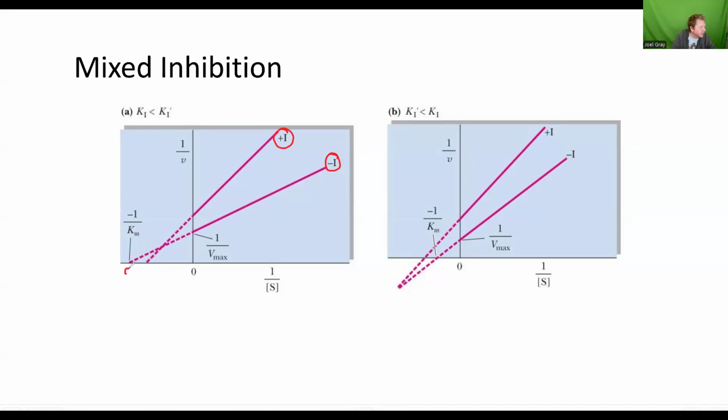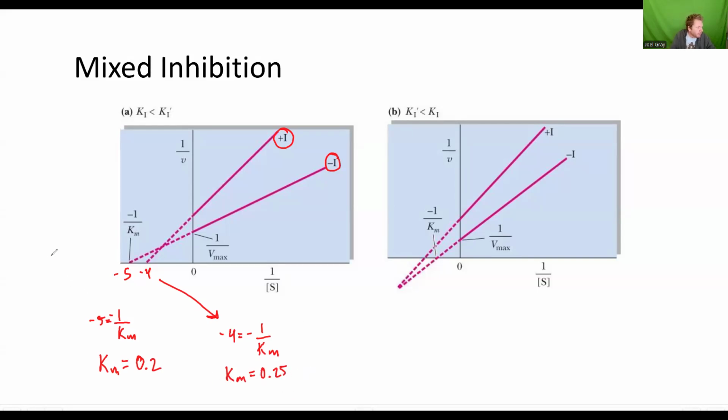So I'm going to say this is -5 and this is -4. Then -5 equals -1 over Km. That means my Km is 1 divided by 5, or 0.2. And then here, -4 equals -1 over Km, and that would be my Km equals 0.25.